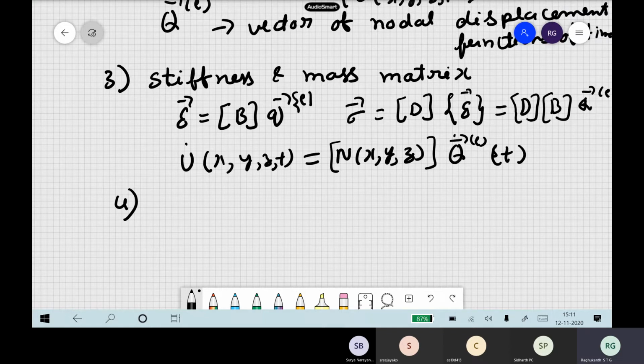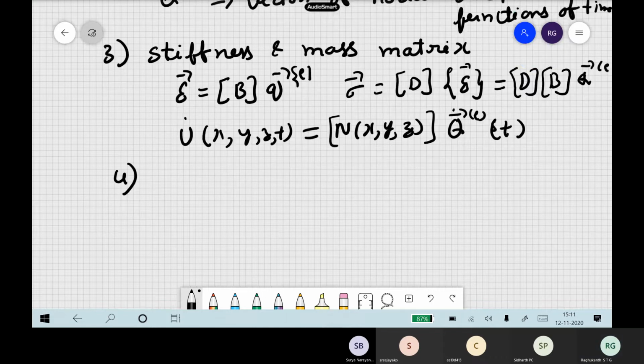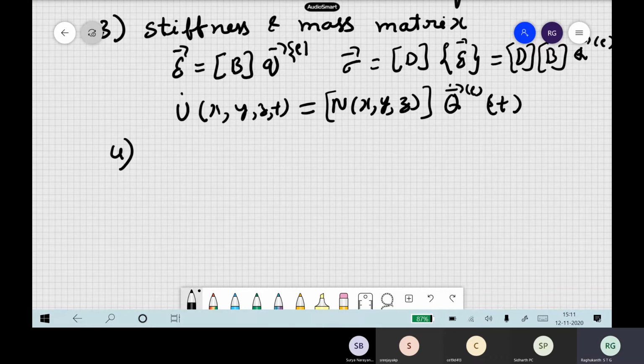Like in the wave equations we solved in previous classes, how did we arrive at the stiffness matrix for the wave equation? And how did we calculate the mass matrix?